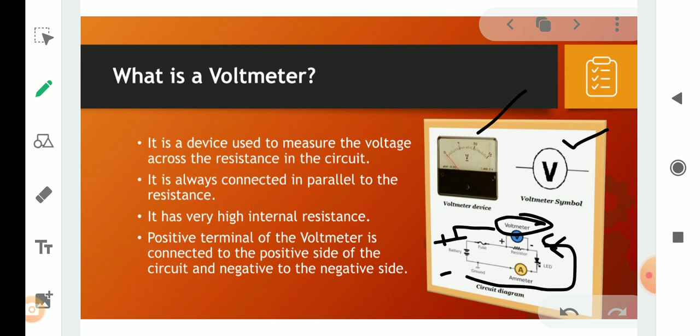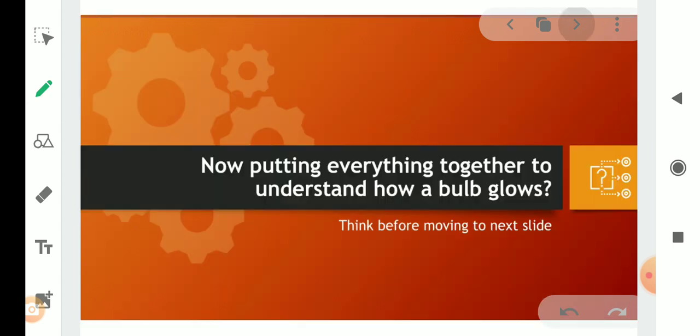You can see here the parallel connection to the resistor. The positive end is connected to one end of the resistor, and the negative end is connected to the other end of the resistor, which goes towards the positive and negative sides of the battery. So the voltmeter is the device used to measure voltage or potential difference.